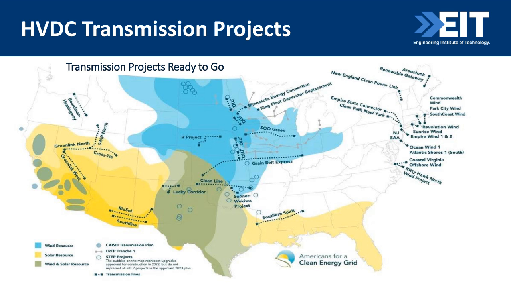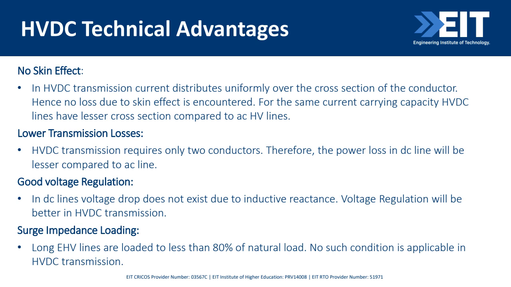Whereas with AC, it is not quite possible to have submarine cables for power transmission because there are issues of inductive resistance, which can cause a lot of leakage. So that will not be very feasible.